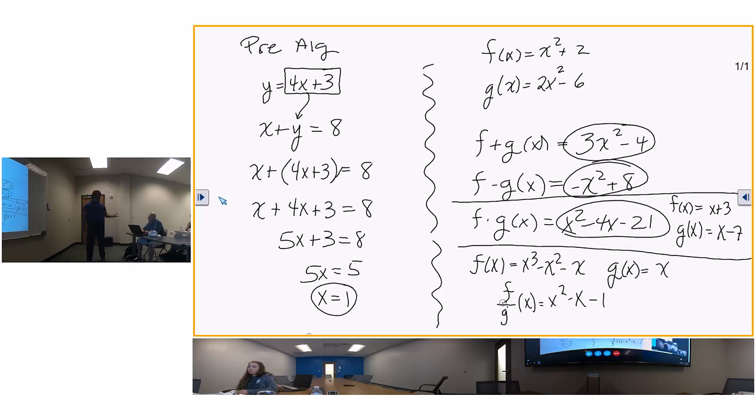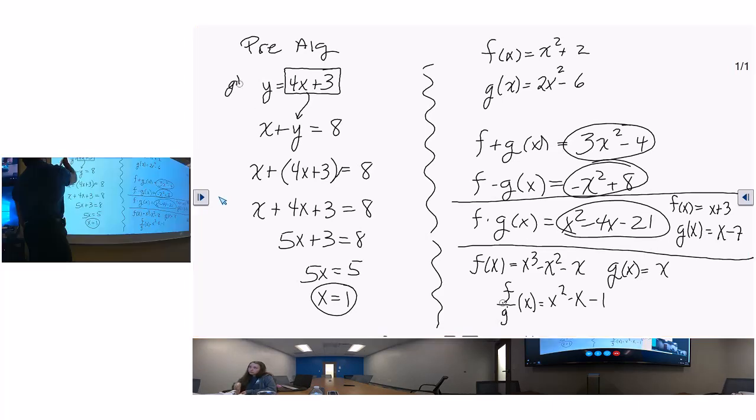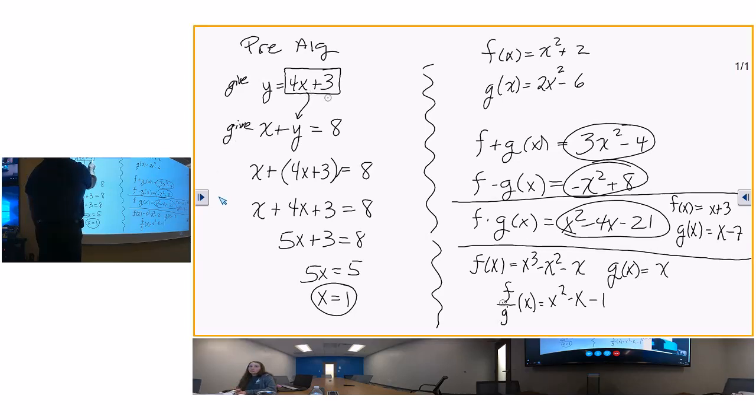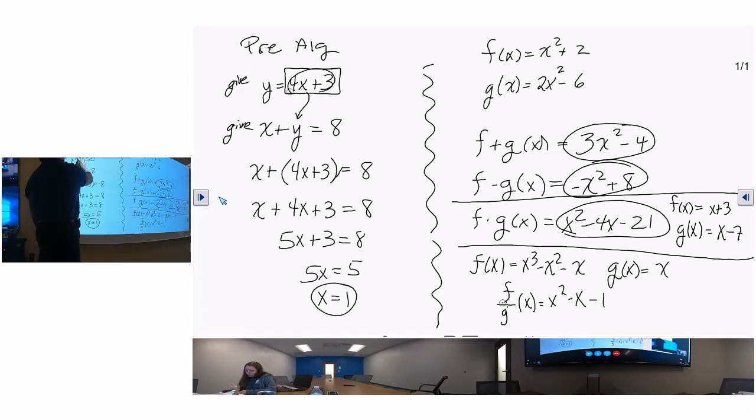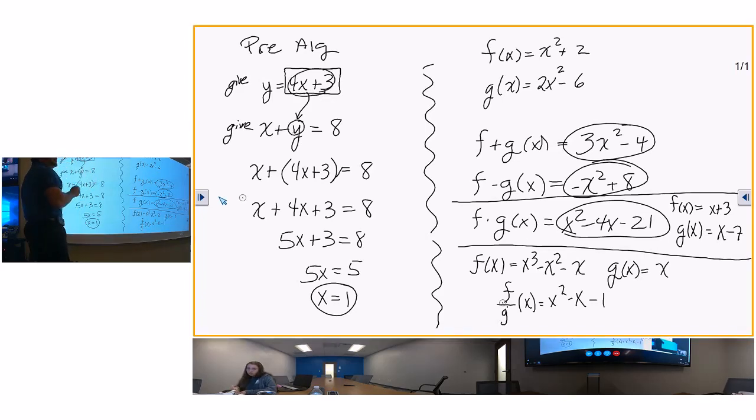All right, but you solve for y and you plug in. So y is equal to this. They give you this, they give that and they give this. And then you say, okay, well, since y is equal to 4x plus 3, I'm just going to plug this in to this. See what I'm saying? And when you do that, you solve it.